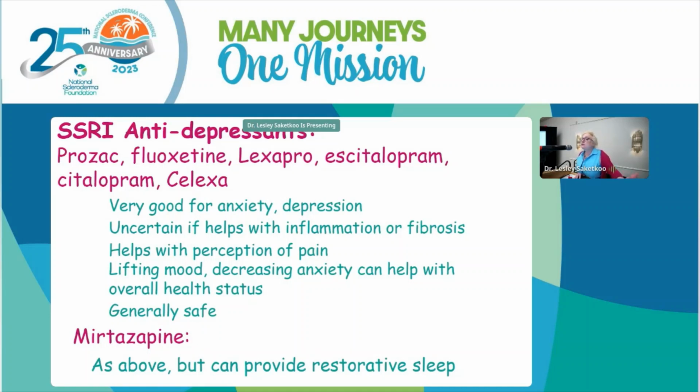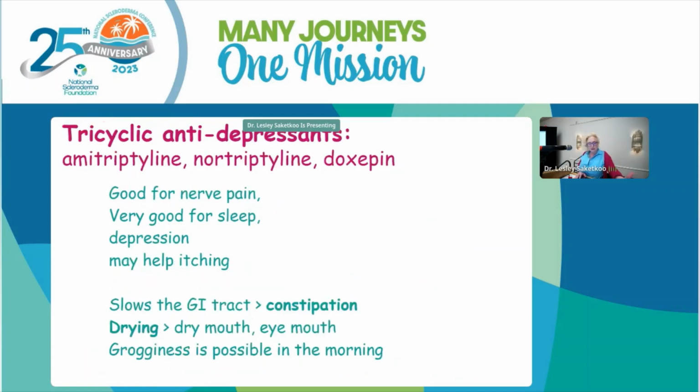And it really is first-line treatment for anxiety, not anxiolytics like Valium or Xanax. Those are not real friends. Real friends are SSRIs in anxiety. Mirtazapine is another drug, helps with sleep, helps with pain, also helps with depression, and it can also help with appetite issues.